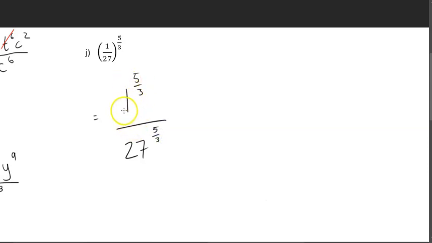Now, 1 to the power of anything will always give me 1, regardless of whether it's decimal power or fraction power. It will always be a 1. Okay, so just be really, really careful of this. In this case here, this will stay as 1.